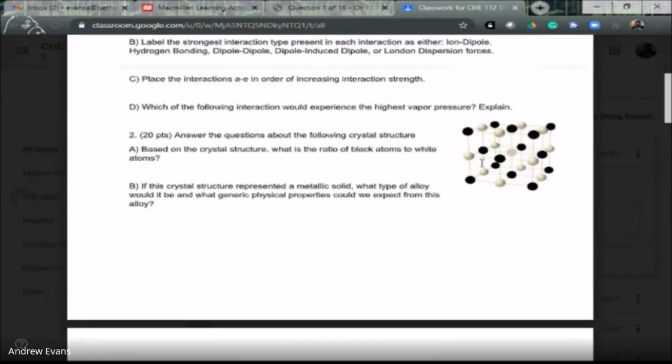If this crystal structure represented a metallic solid, what type of alloy would it be? I'm not really asking this question on the test, but it would essentially be a compound, an intermetallic compound, because of the regularity of the pattern.